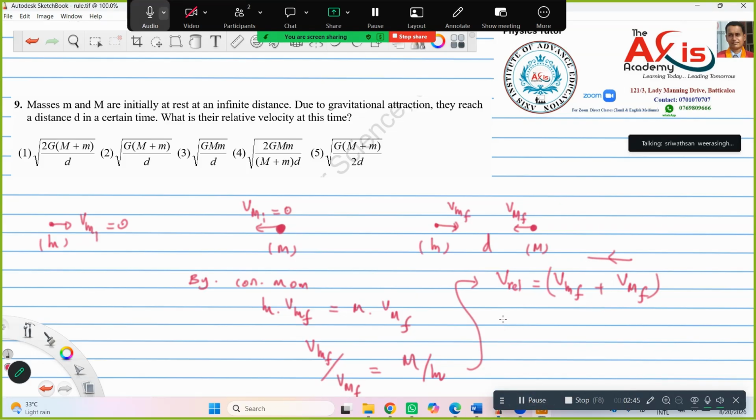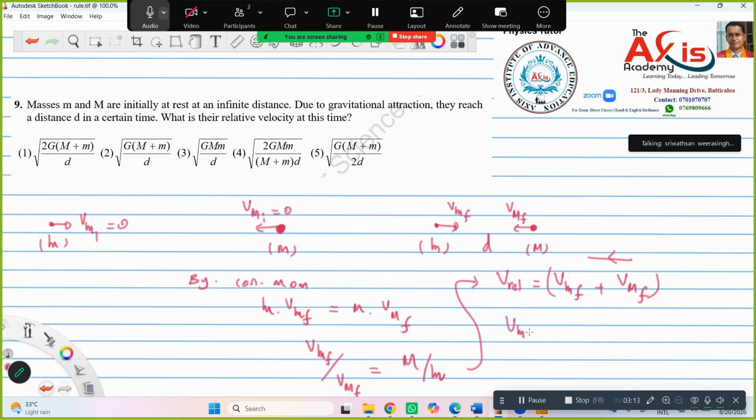Now we can express this relative velocity in terms of their masses.